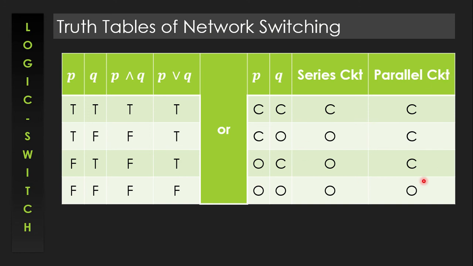In parallel, when one or more switches are closed, then we can allow the current to flow. So that is why we have these values. If you compare the series to a conjunction, you have true when the switches are closed, then the series circuit is closed.